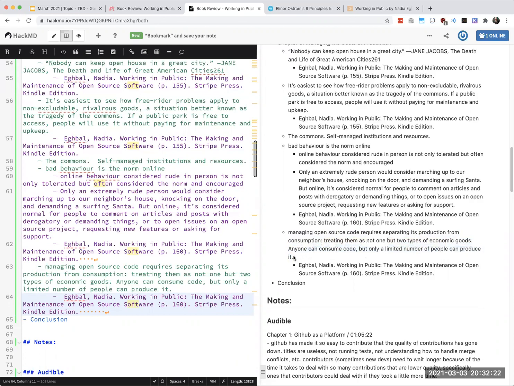So when you're talking about contributors and maintainers and end users consuming, there are these limitations. It goes on to talk about participatory decision-making process as the next part.